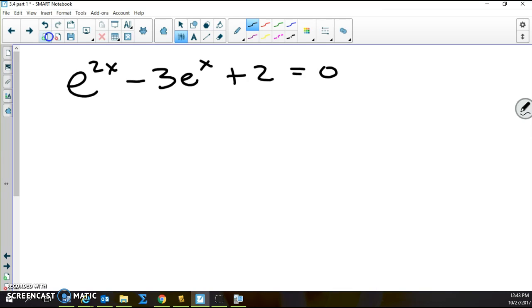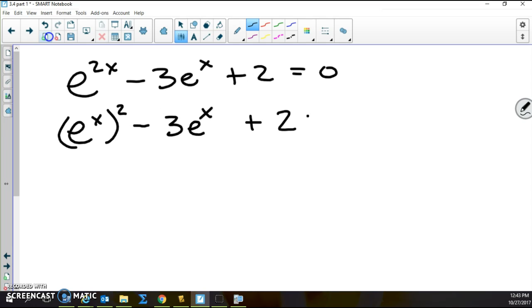So they rewrite it like this: e to the x, squared, minus 3e to the x plus 2. And you can see when you rewrite it like this, we have a power of 2, a power of 1, and a power of 0. That should put up a flag for us. We see that we could possibly factor this.